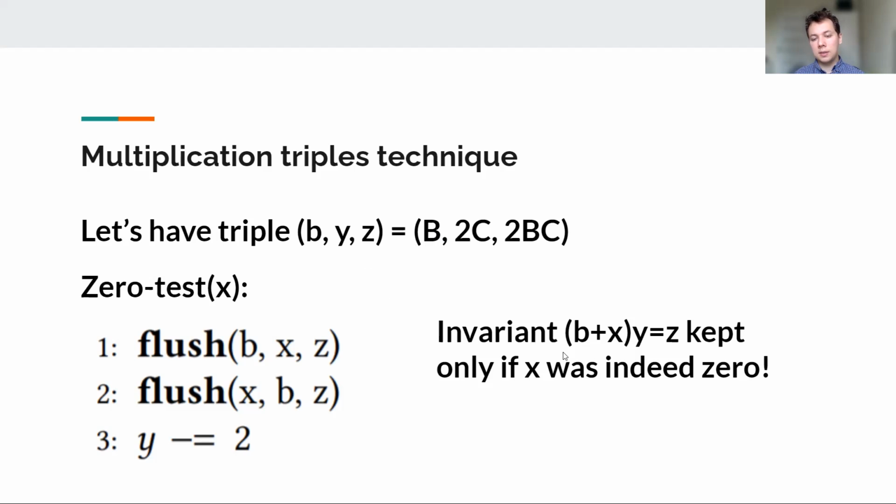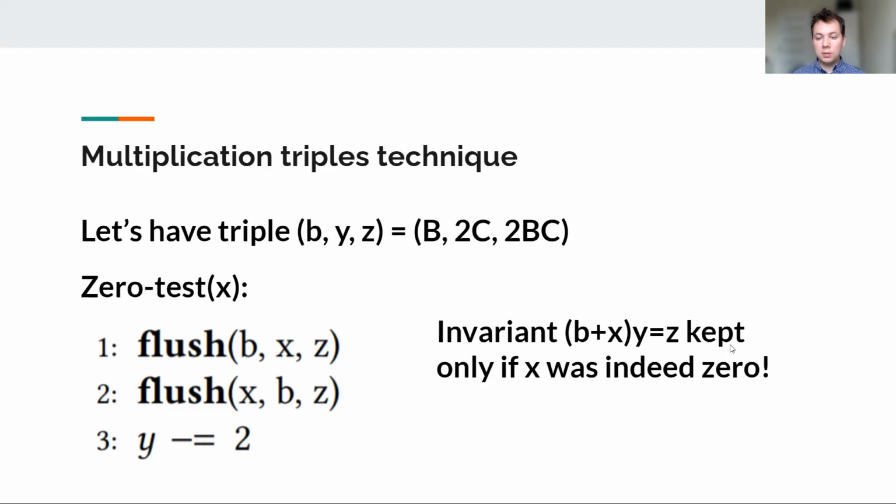And the second invariant, if all zero tests were performed actually on a zero counter, then this invariant will be kept. So b plus x times y equals z.